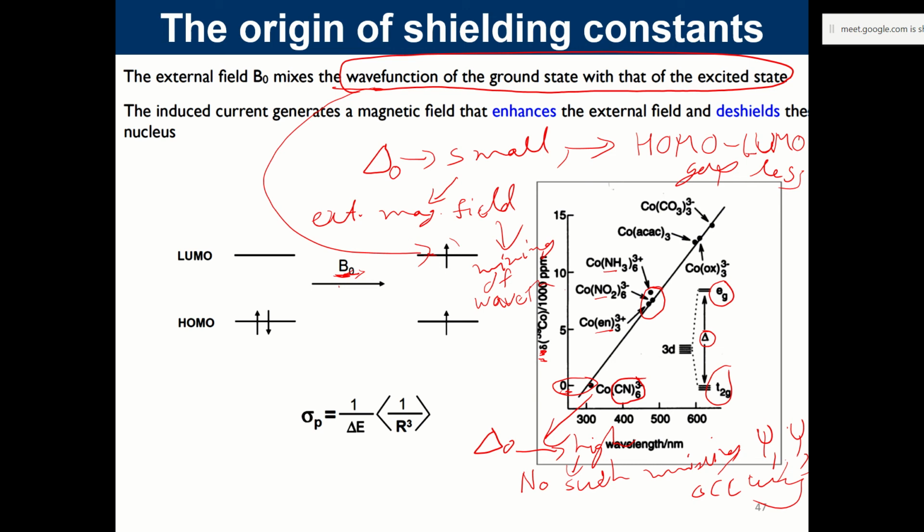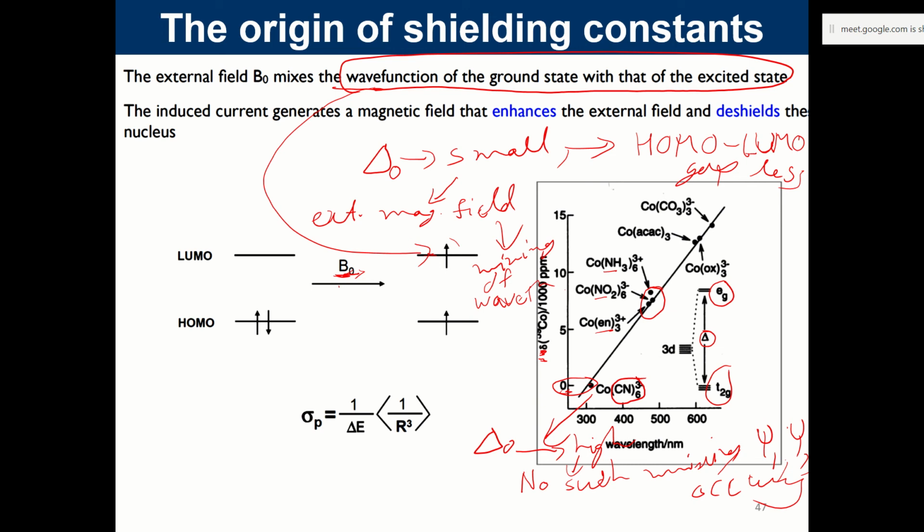Paramagnetic contribution means it increases the magnetic field, the induced magnetic field is in the same direction at the point of the nucleus under consideration. So at the point of the cobalt nucleus, we have something like this.